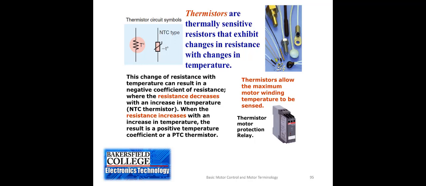Sometimes they'll even use thermistors inside overload starters instead of mechanical devices. You have a heater inside of the starter. The thermistor measures the heat coming from that heater, and at an overload condition, the thermistor will close or open a contact, usually opening a normally closed contact, and it will allow that circuit to shut off.